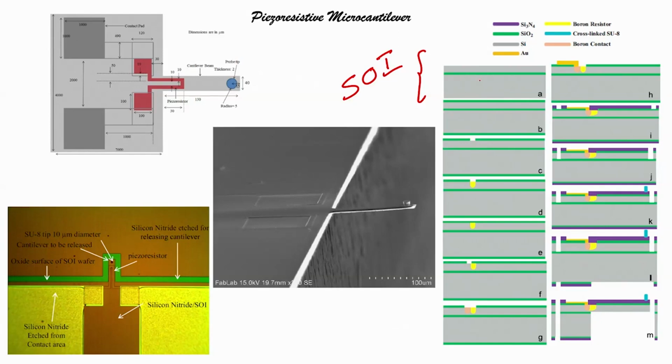So, what does that mean? You see, this is silicon, right? This is silicon. This green line is what? Silicon dioxide. And on the top of this green line we again have silicon, right.